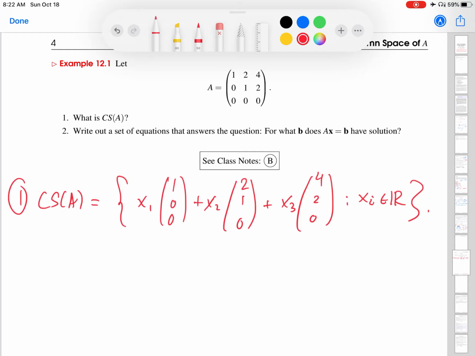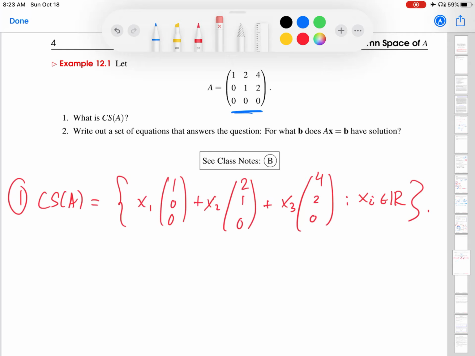For some applications, it might be to your benefit to check if the columns of A are linearly independent or not. Although this is the expression for the column space of A, if there are vectors that are linearly dependent, then you can just remove them and get a simpler expression for the column space. That might be useful sometimes, for example for this second question, to help you find solutions to linear systems that involve the matrix A a little faster.